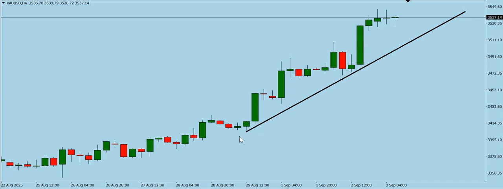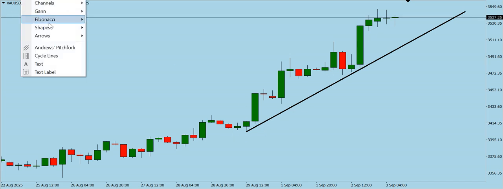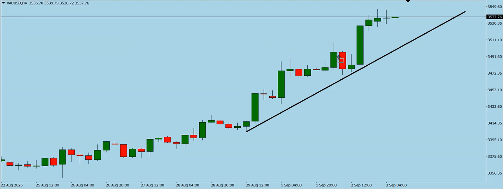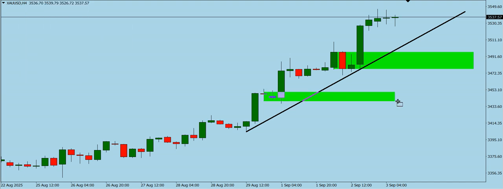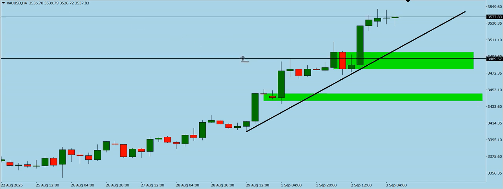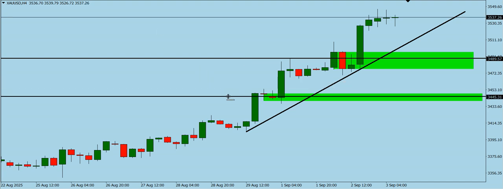We have more green candles on the chart, and then the nearest order block is around here, followed by this particular order block. The nearest order block is around 3,489, followed by 3,445. These are places where buyers are expected to push price up if price drops.